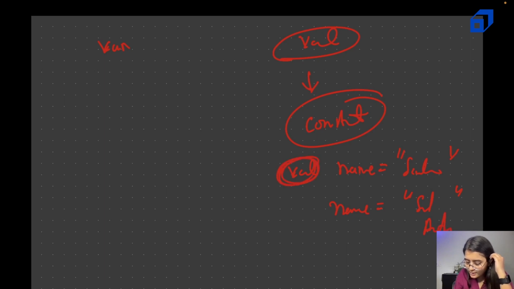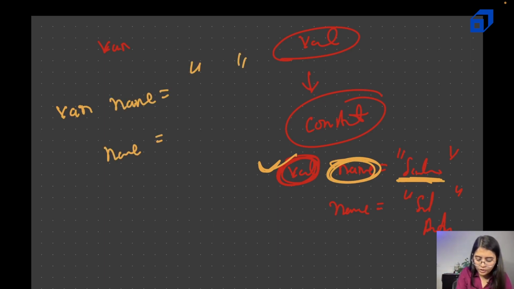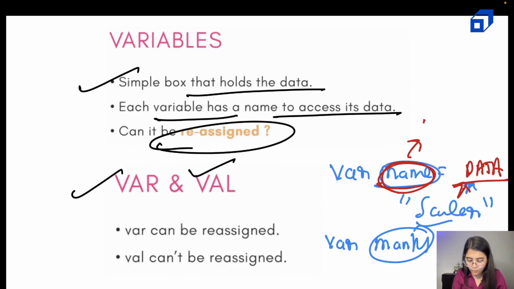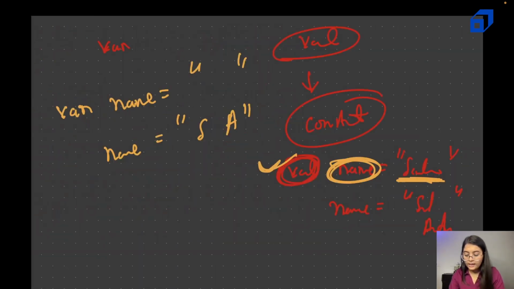Because val is constant. If you create something using val, the value of this variable will not change in the entire project. If you want to make it changeable, then var name is equal to scalar, and later in the project you can name it scalar academy. Perfect. So var and val is a very important concept in Kotlin.